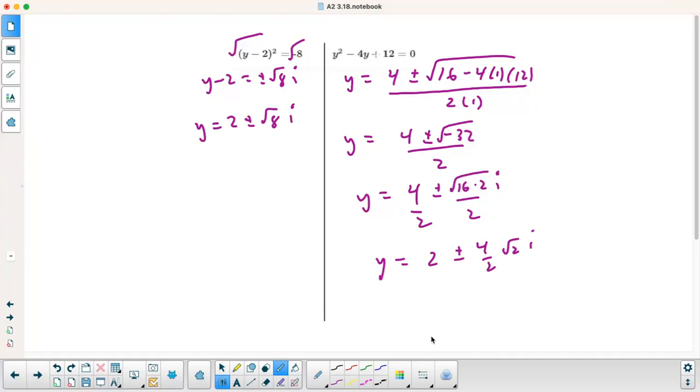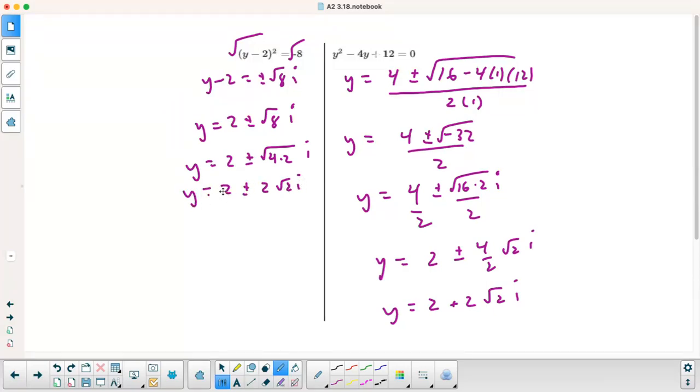And then 4 over 2 is 2. So this is kind of just like the last one. Square root of 8 is 4 times 2, square root of 4. So you get the same number for each of those. Okay.